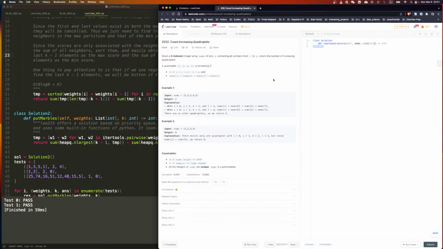Okay, so now we do 3 and 5. 3 and 5 we have one smaller in between. Then how do we compute?